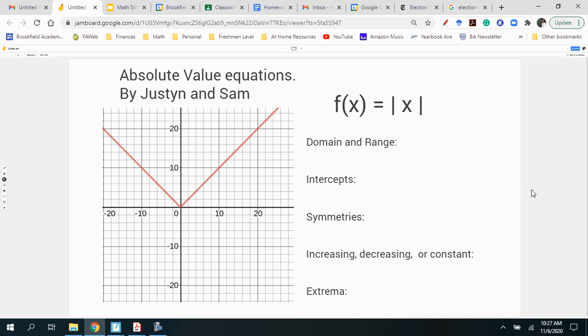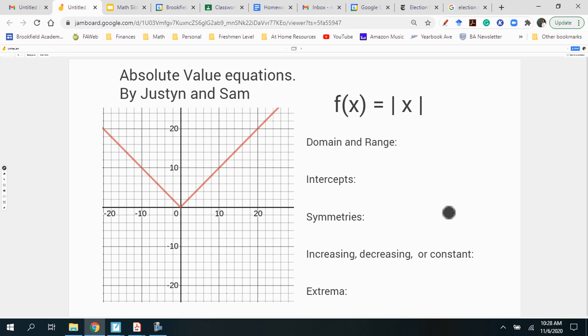We have the absolute value function, and as you see on the graph, it never goes below. It's never negative because absolute value is always positive. The domain will be all real numbers, so negative infinity to positive infinity, and the range will be 0 to positive infinity because the output never goes negative.